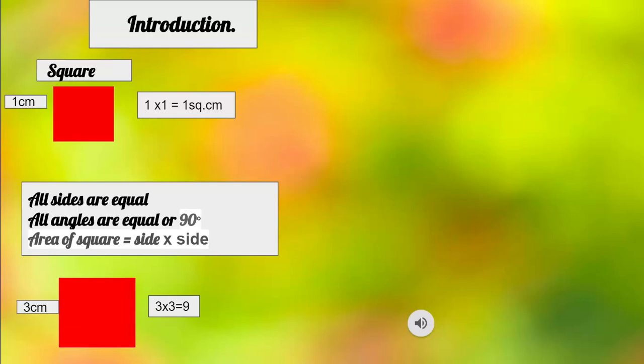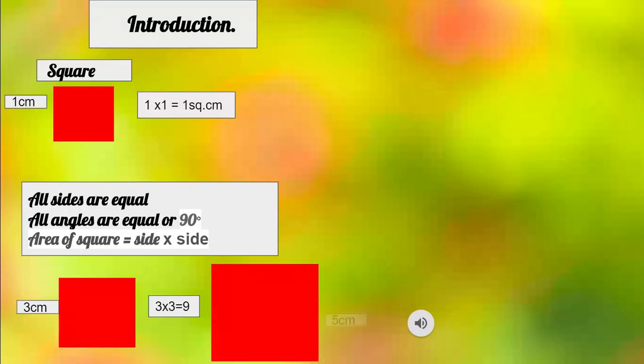So 9 square centimeters would be the area. Similarly, if you have a still bigger square where each side is 5 centimeters, the area would be 5 into 5, that is 25 square centimeters.